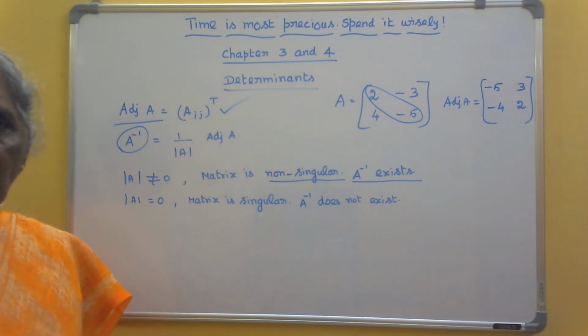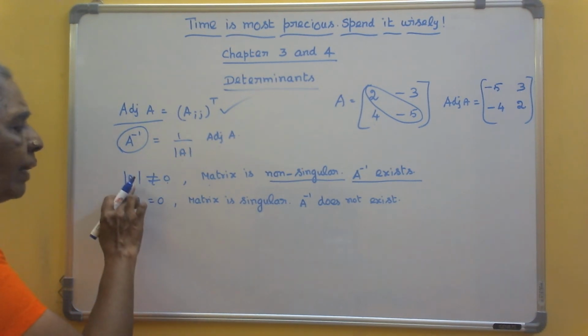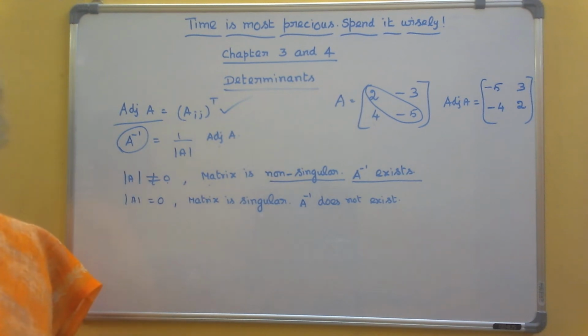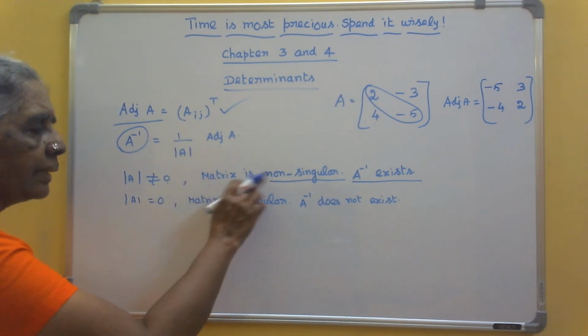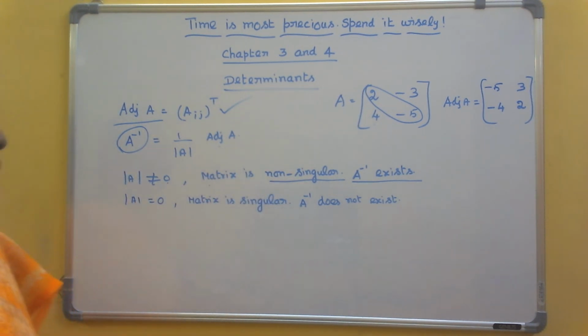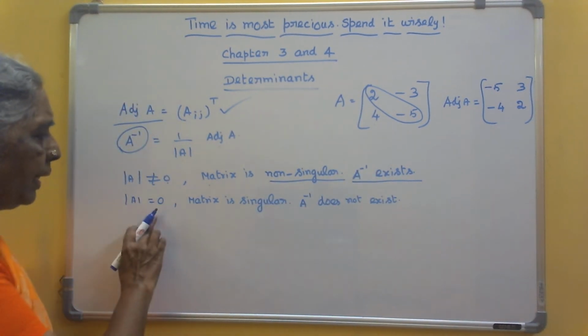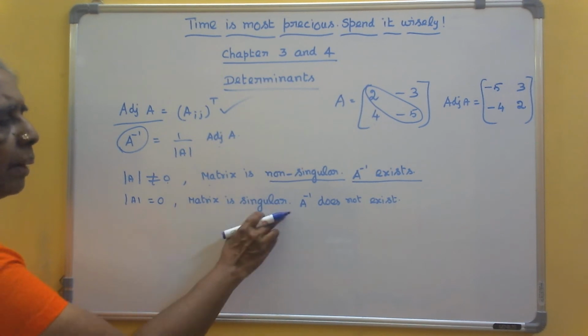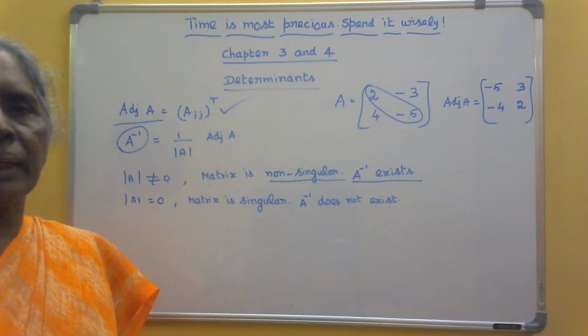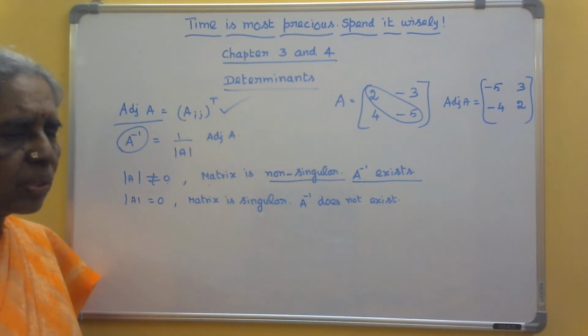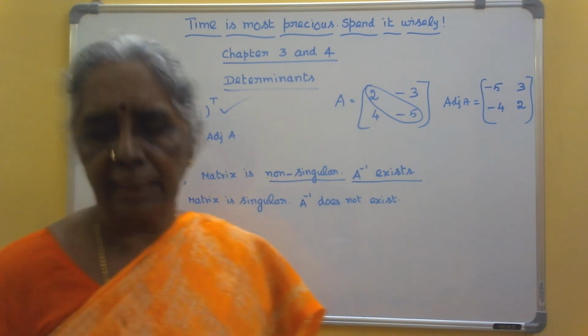It will not be defined. So, only when determinant A is not equal to 0, the matrix is called a non-singular matrix and A inverse exists. If determinant A is equal to 0, the matrix is called a singular matrix and A inverse does not exist. Okay.